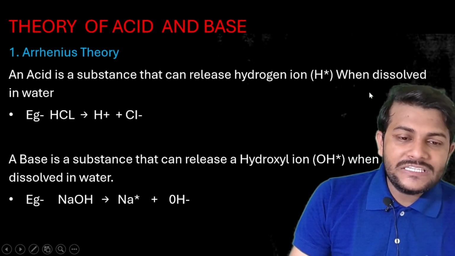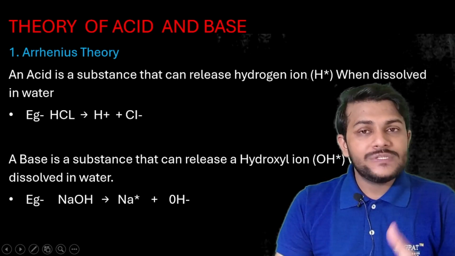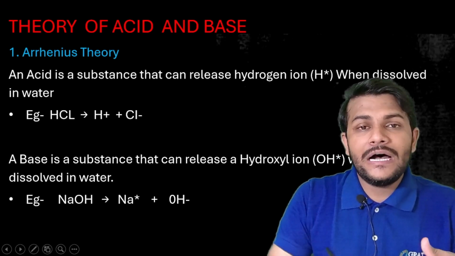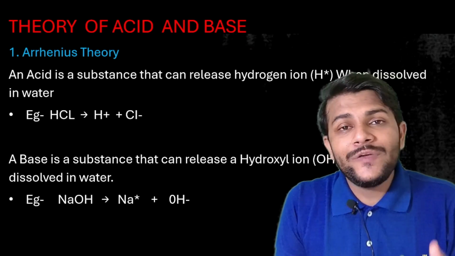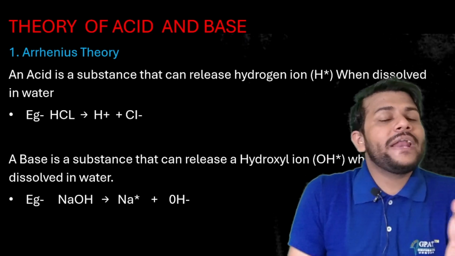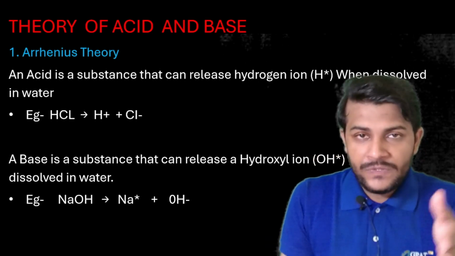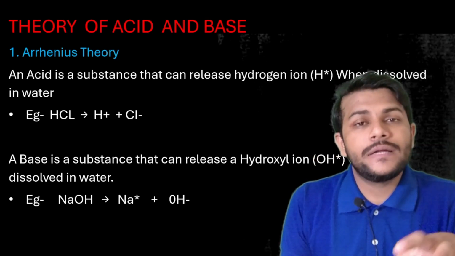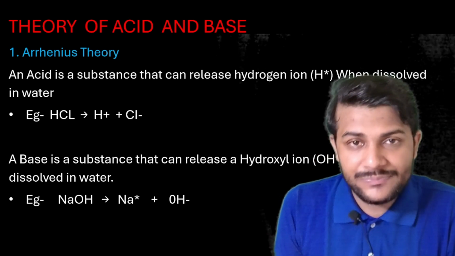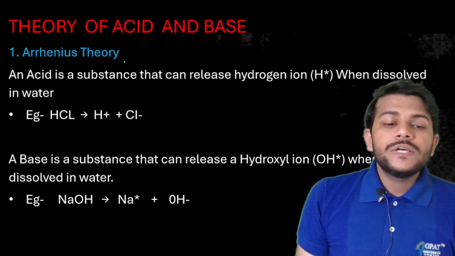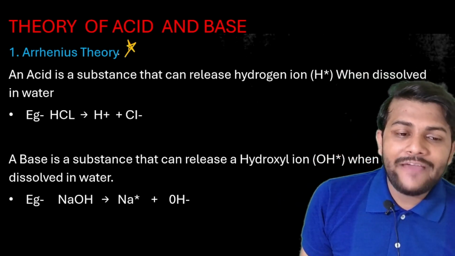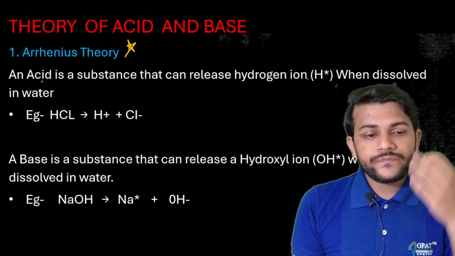Next, we have a few theories and concepts that tell how we can explain an acid. We have the basic 3 theories. There are other theories also, but majorly these theories have been used till now. First and most important, we have the Arrhenius theory.